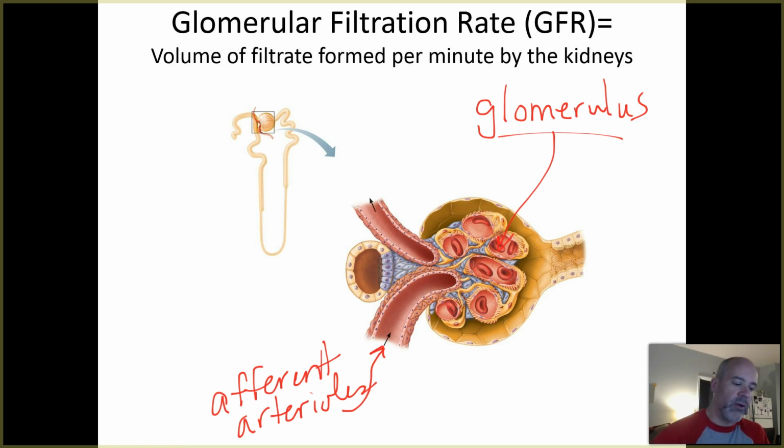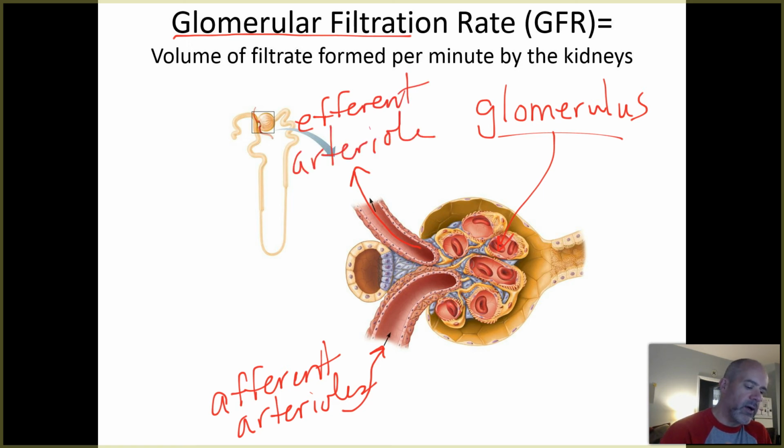This is where glomerular filtration takes place, and then the filtered blood leaves through the efferent arteriole that we see over here.